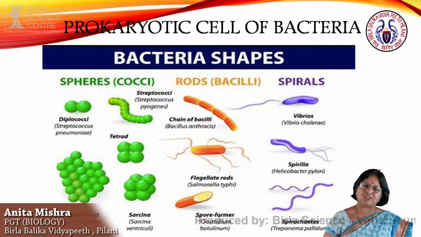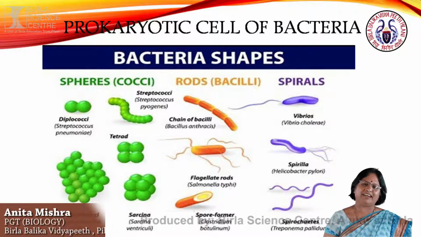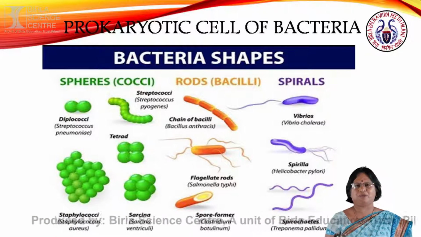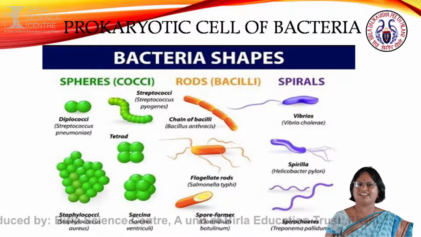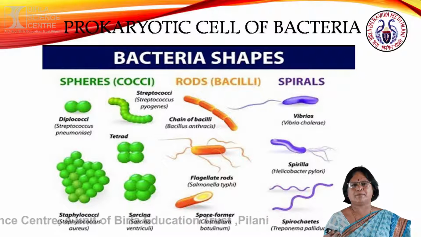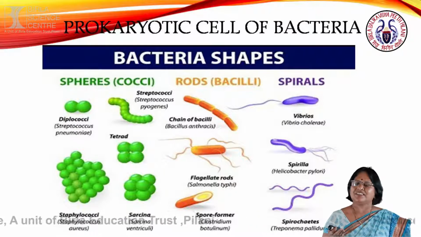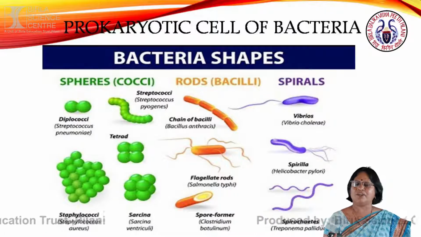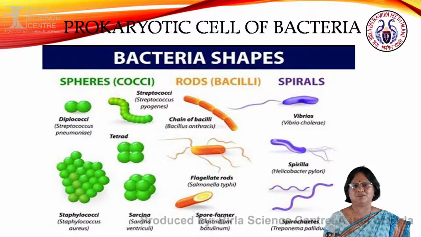Then the 4th shape of the bacteria is the spiral bacteria, which are mainly of 2 categories. The first one is a spirilla. You can see here Helicobacter pylori bacteria, the example of a spirilla, which is actually found in the pyloric stomach, which causes acidity problem to us.